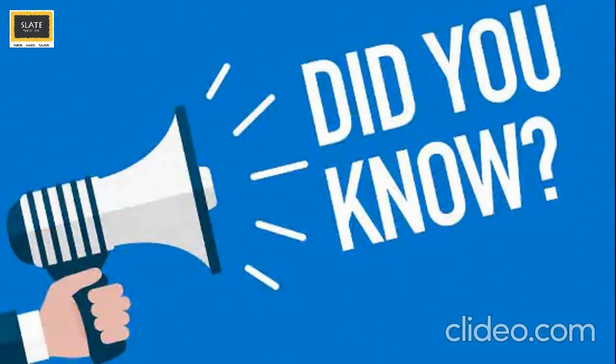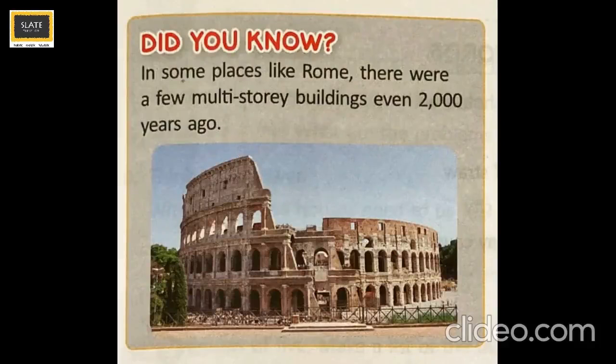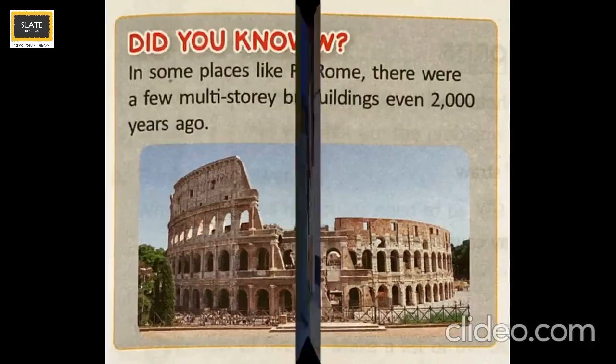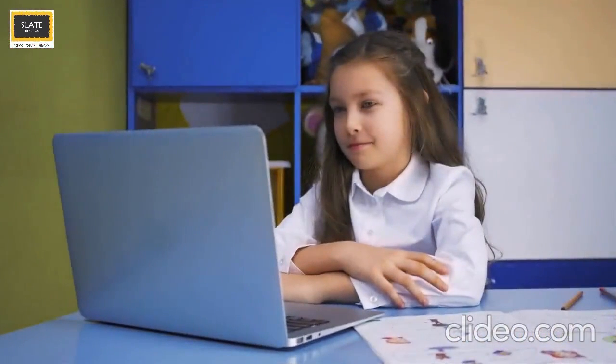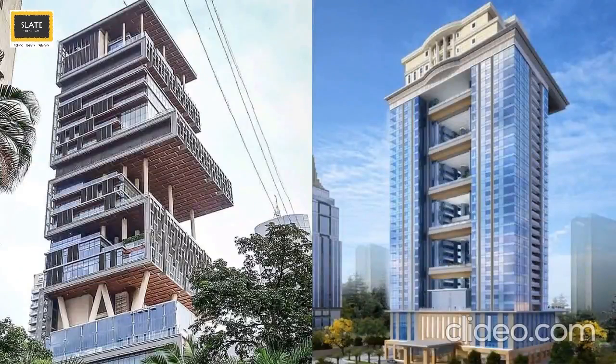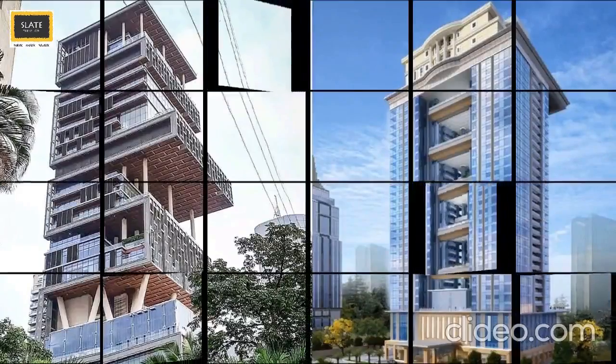Now let's read the Did You Know section from the textbook. In some places like Rome, there were a few multi-story buildings even 2000 years ago. So slaters, as we discussed in our introduction video, multi-story buildings have layers or floors built one above the other.